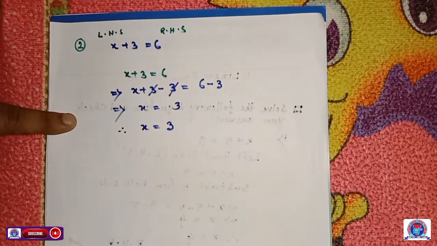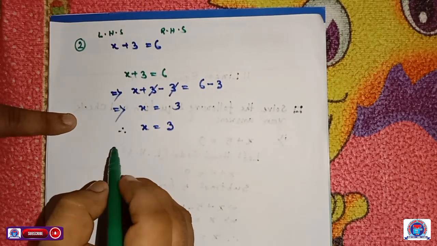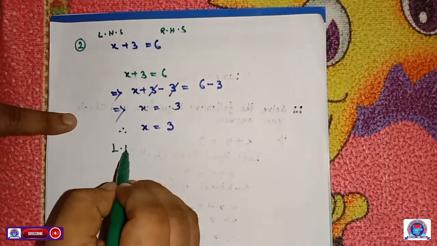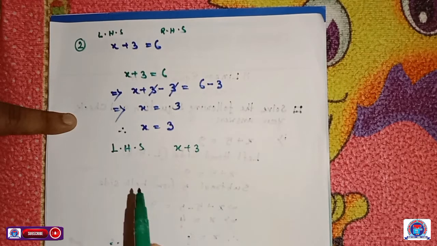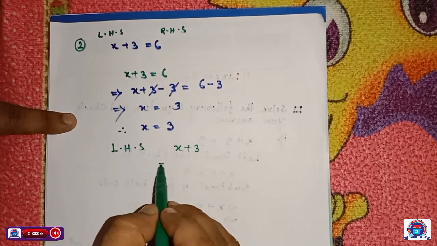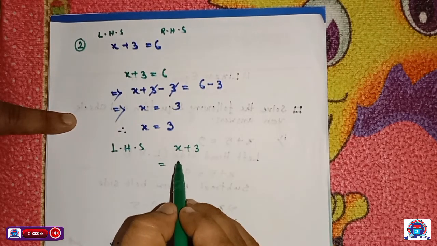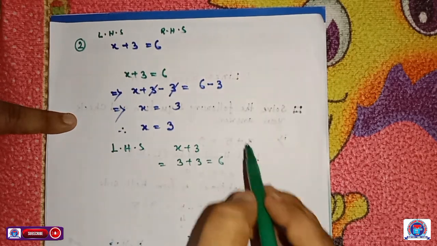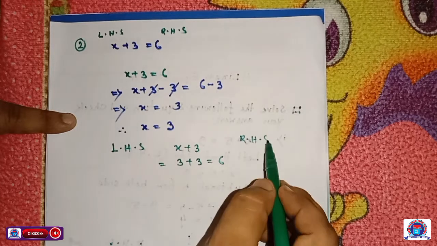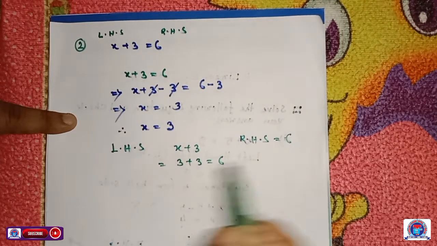Now in the same way we check the answer. So left hand side, it is x plus 3 is given. So here we put the value of x, which is 3, plus 3 is equal to 6. That is right hand side is equal to 6.